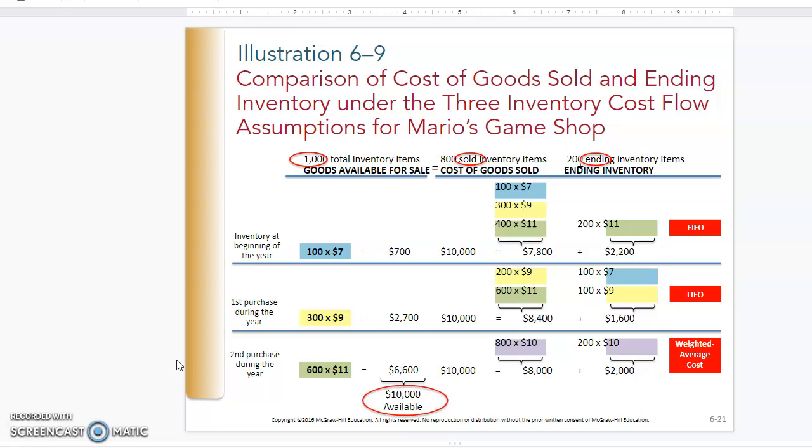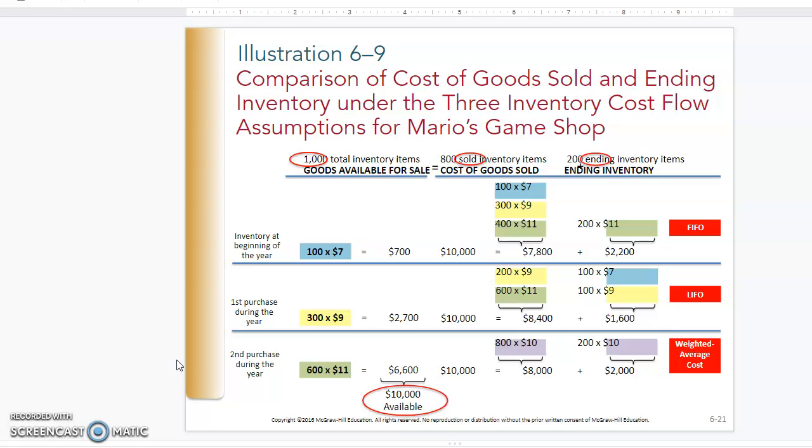We had 1,000 total inventory items available for sale. So whatever we had in beginning inventory plus purchases gave us 1,000 total inventory items. We sold 800 of those, so we have 200 left in ending inventory.